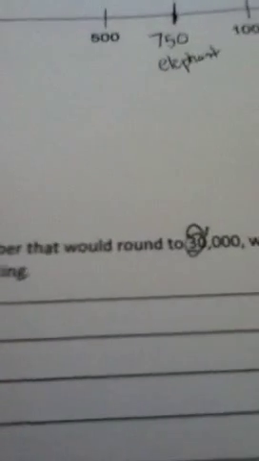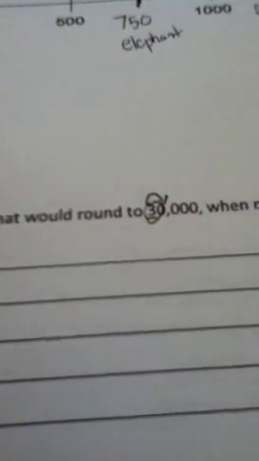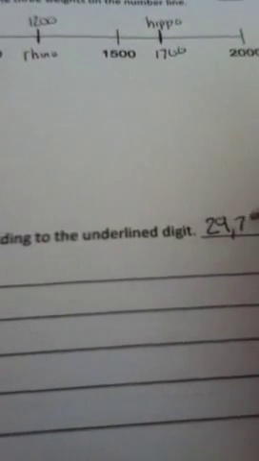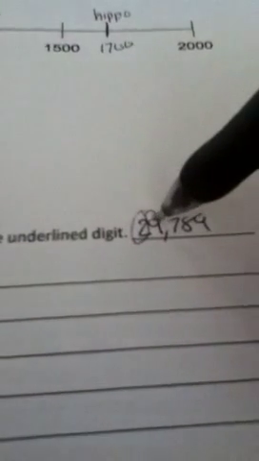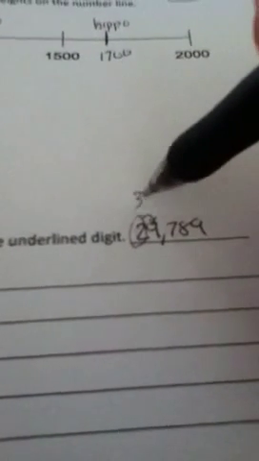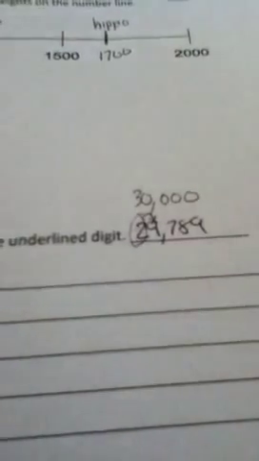Since it says that I'm going to round to the number, I can do this a couple ways. The easiest way for me is, I always like rounding up, so I can put the number down as something like 29,789. When I look at this, I can circle the 2. I look next door, it's a 9. I'm going to round up, which changes that to 30,000.